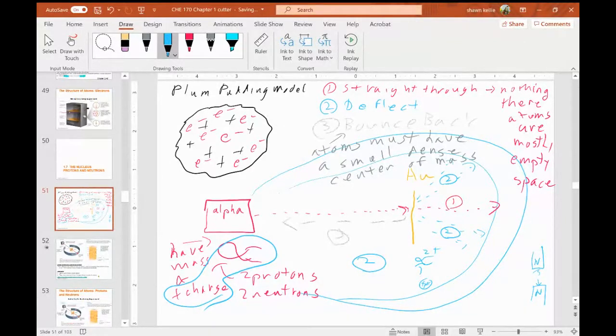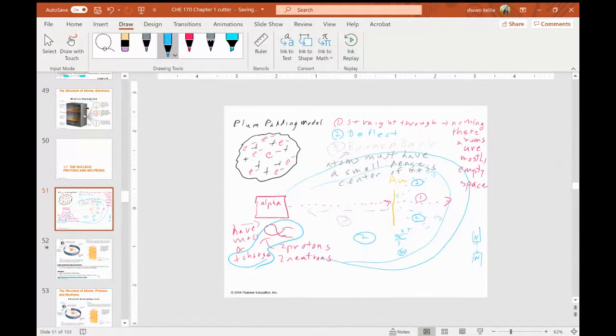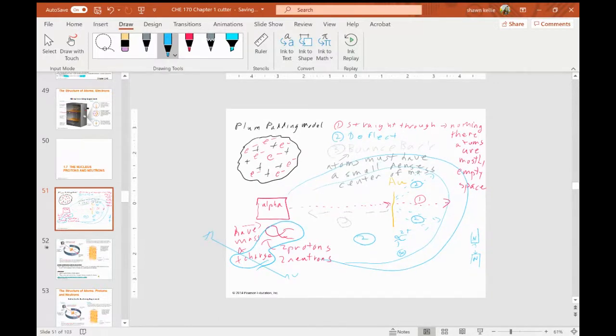Therefore, he said, the small dense center of matter must have a positive charge. And if the nucleus had a positive charge, what couldn't be in the nucleus? Electrons, right? If electrons were in the nucleus, then we wouldn't see a deflection of our alpha particles.